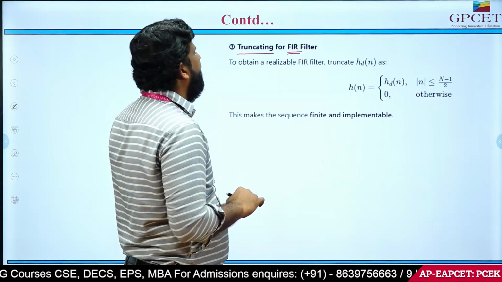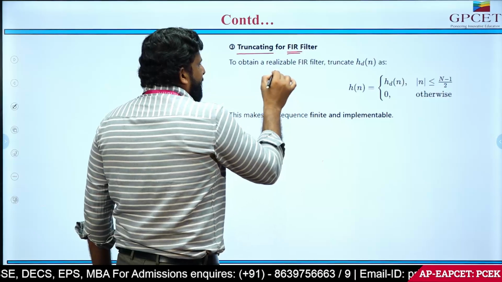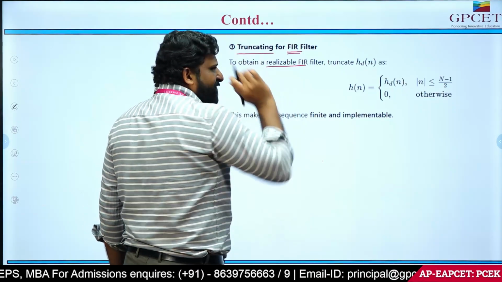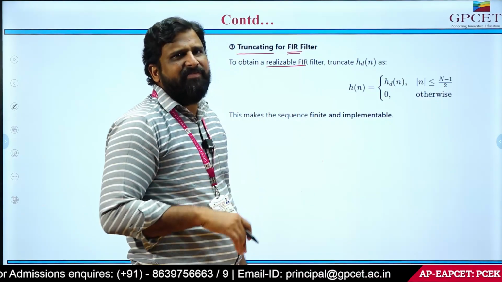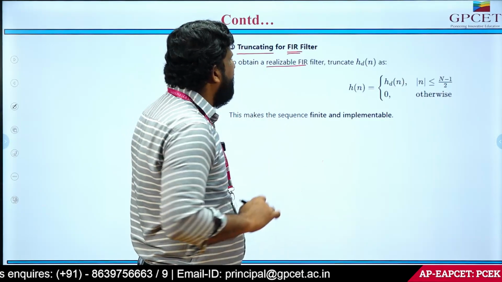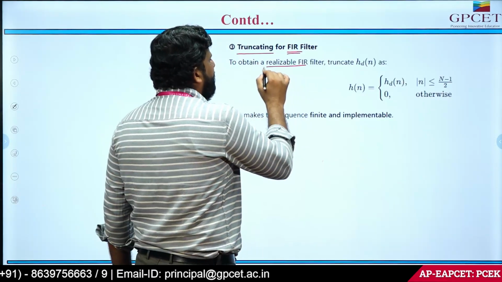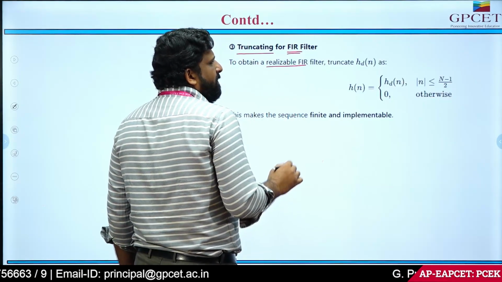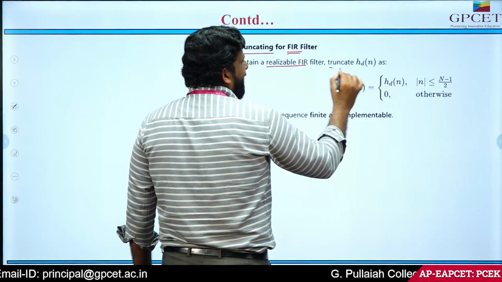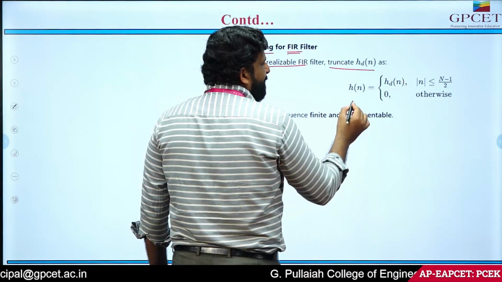How do we truncate? To get the realizability of the FIR filter, the infinite duration should be converted into a finite duration. So I am truncating the hd of n.